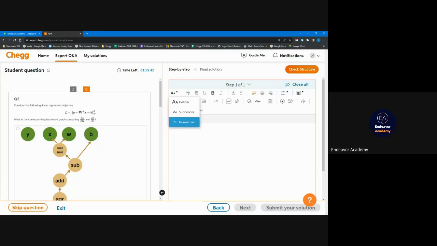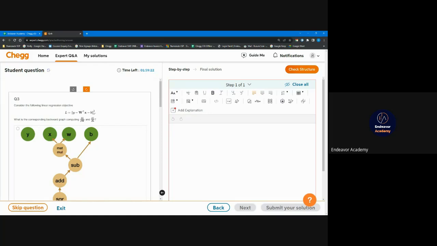The first option we get is heading, subheading and normal text. We can choose these as per our requirements. If you are providing a heading, use these buttons. Then these are general buttons: cut, copy, paste, bold, italic, which you all know how to use. These two buttons are subscript and superscript.